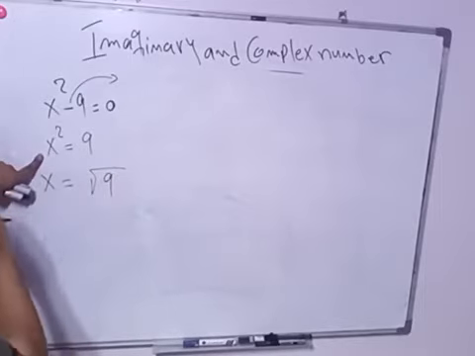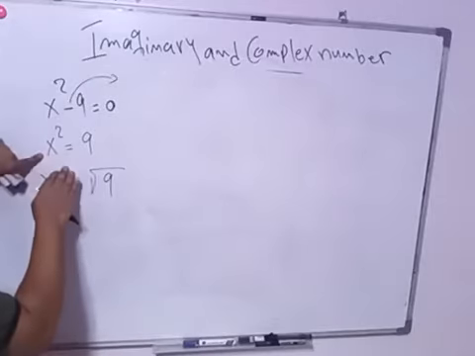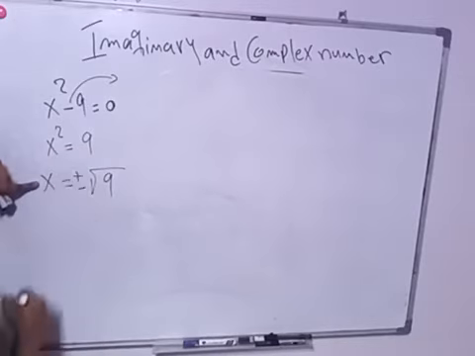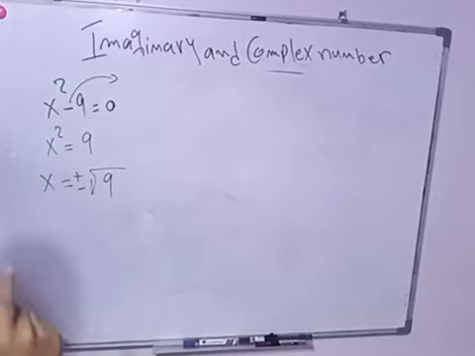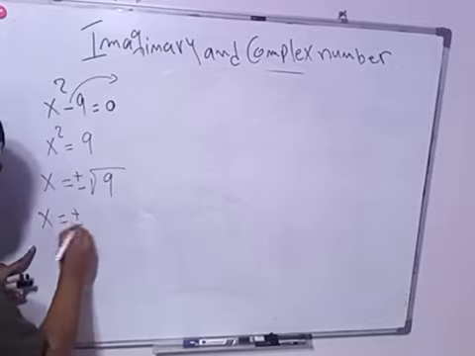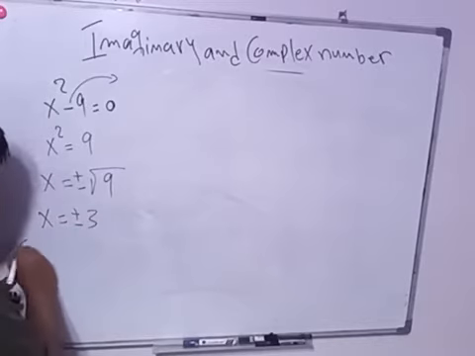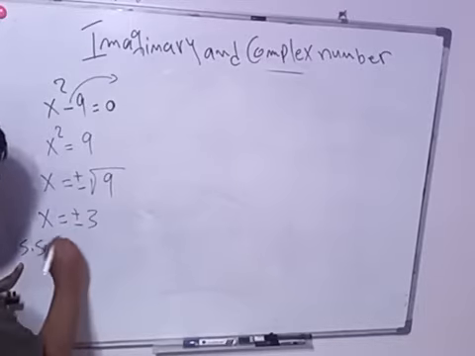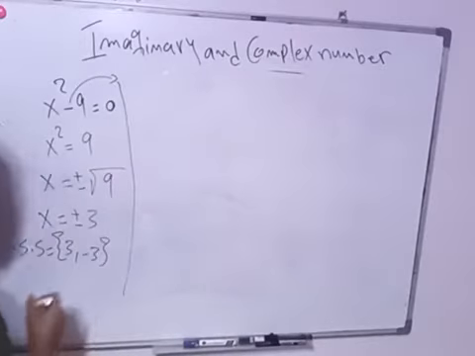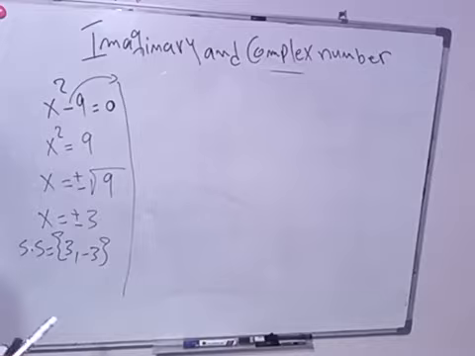I want to take the square root, but don't forget positive and negative. Yes, excellent. So x equal two roots, positive and negative 3. So the solution set in real numbers is 3 and negative 3. Yes, this is about the previous year.